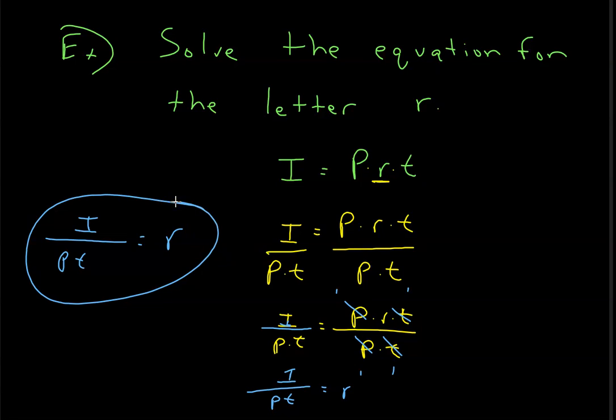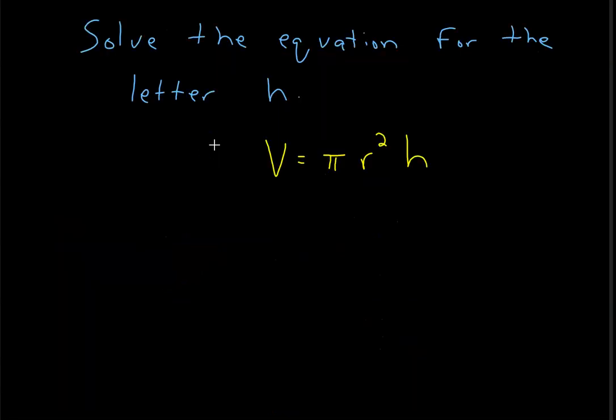So let's do another. Alright, so this equation says solve it for the letter h. So we want to isolate the letter h. And here it is. It says pi times r squared times h equals v. That's volume. So if I'm going to solve that for h, since it's all been multiplied together, I got to do the opposite of multiplication and divide them away.